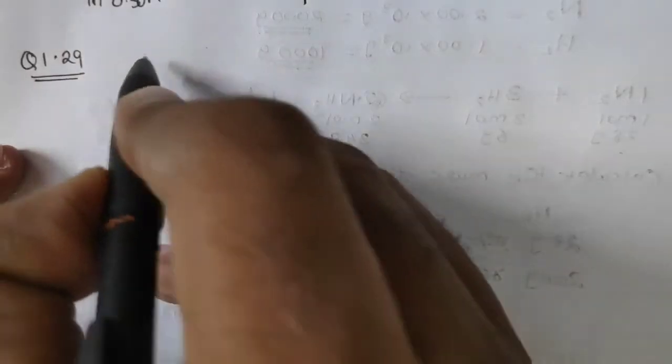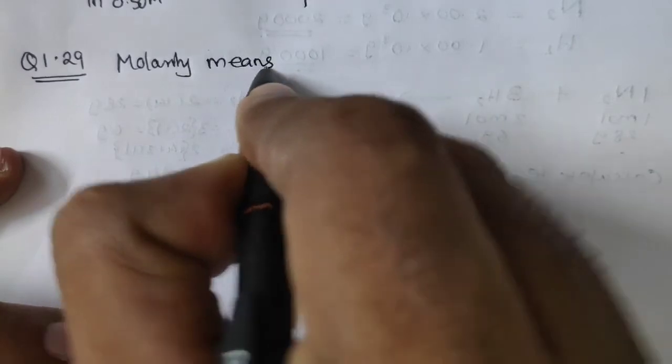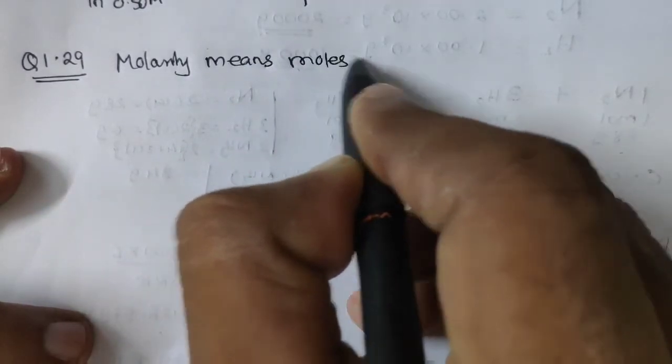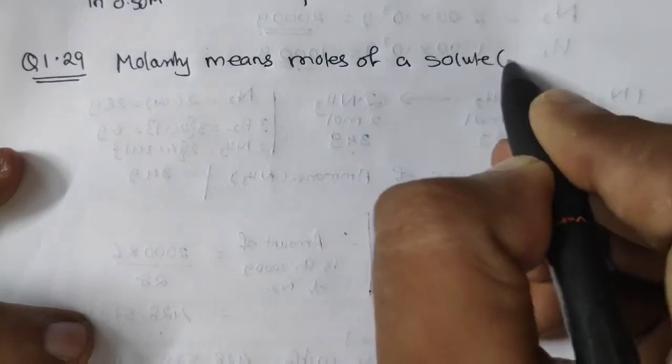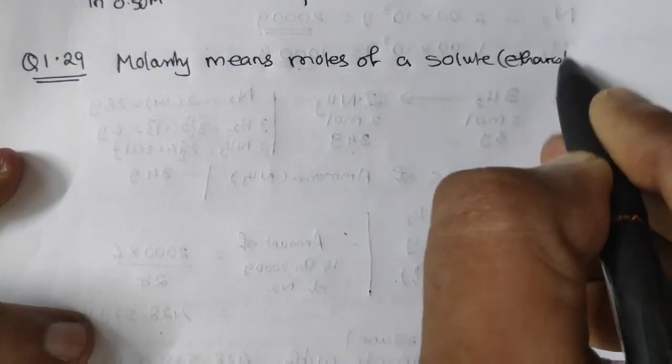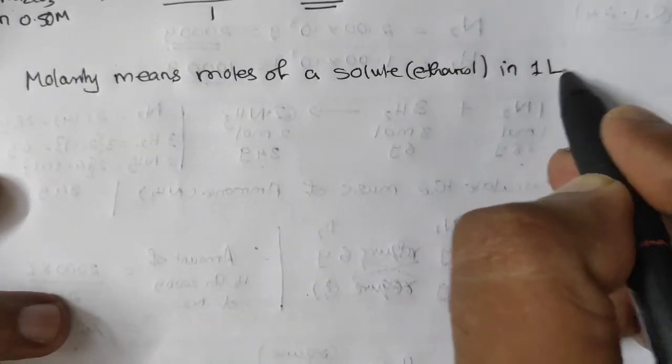Now you can see 1.29, that is molarity. Molarity means moles of solute, here ethanol, in 1 liter of the solution.